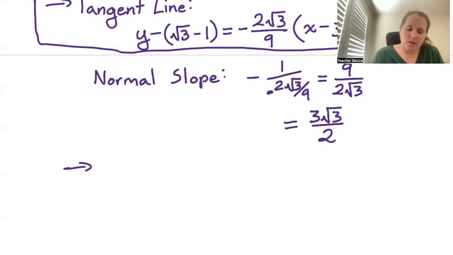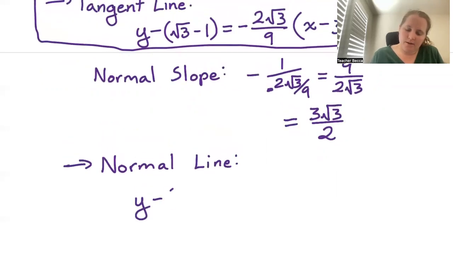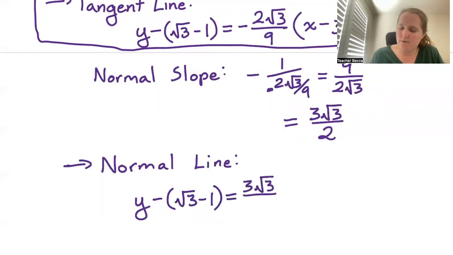So our normal line, we have y minus in parentheses root 3 minus 1 is equal to 3 root 3 over 2 times x minus 3.5.